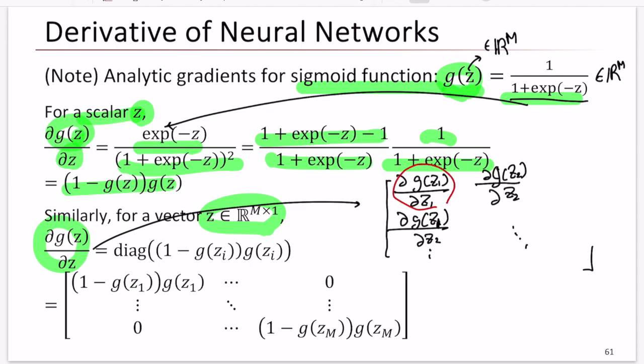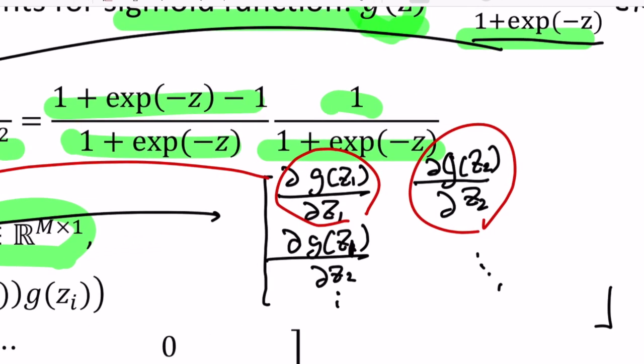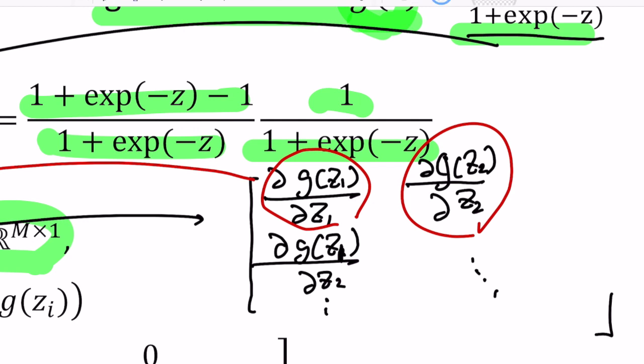For the scalar case we derived it here, but in this case the sigmoid function was defined independently for each element.